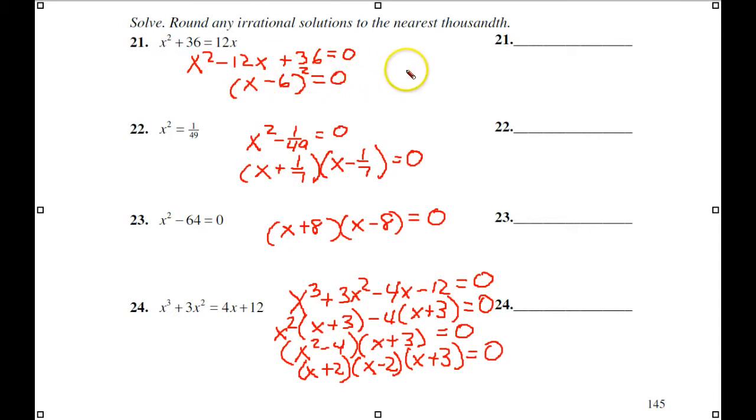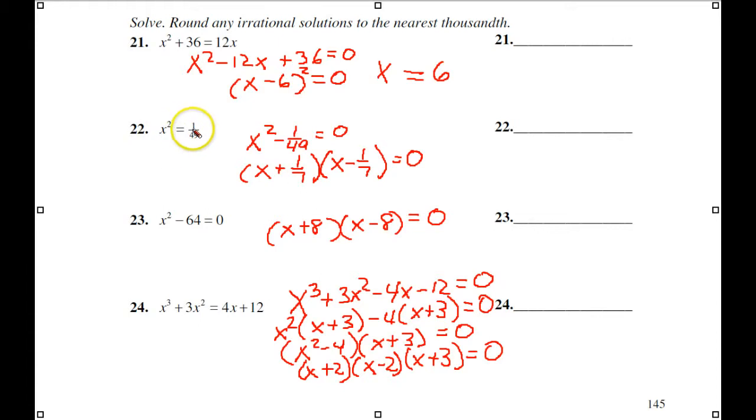So I transpose the 6, it becomes a positive 6. And I have x equals 6. Now this is a repeat root, so I only have to write it once. Notice it is an equation to the second degree, so I needed two roots, two solutions, but since the solutions are the same, I only write it once.